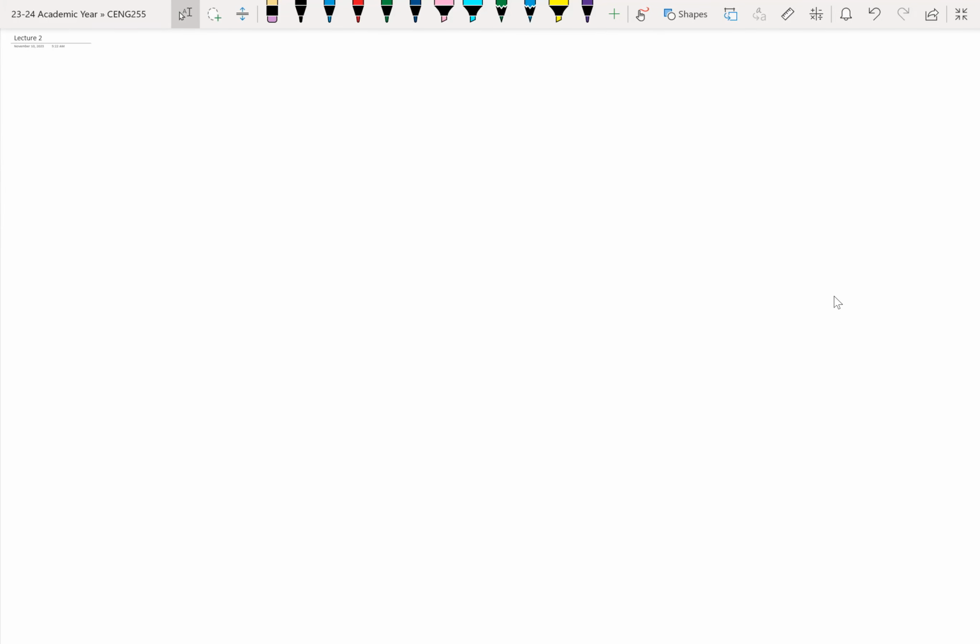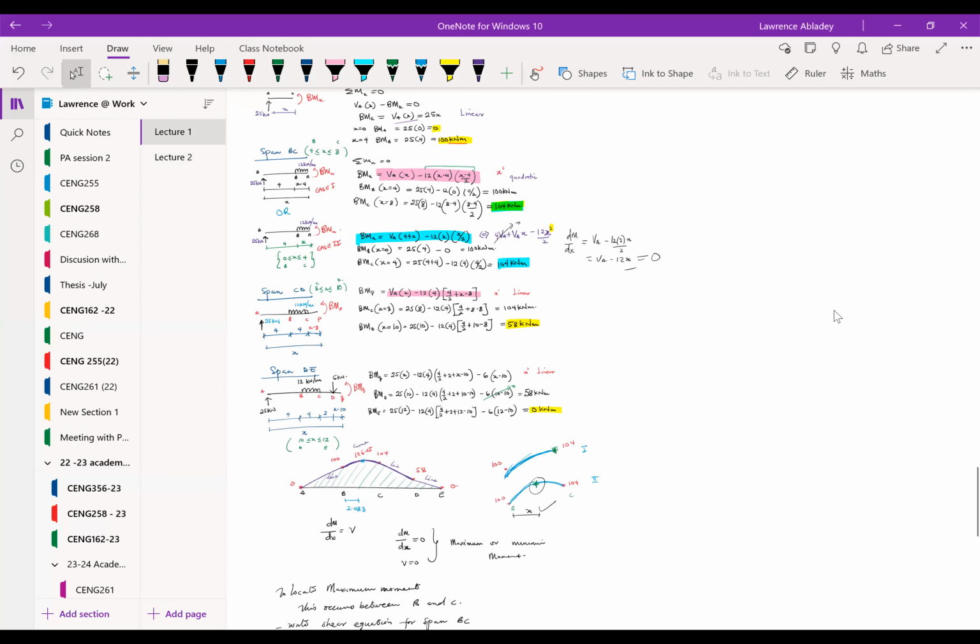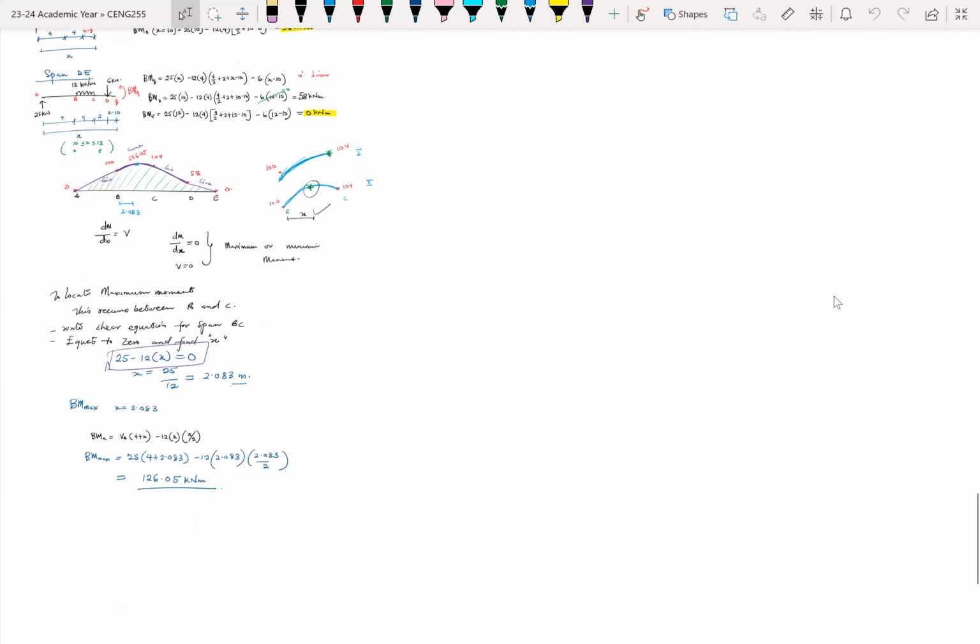And then from there, we looked at how to analyze a typical beam. By analysis, we're looking at its external reactions and also the internal behavior, where we ended up calculating the shear force and the bending moment.